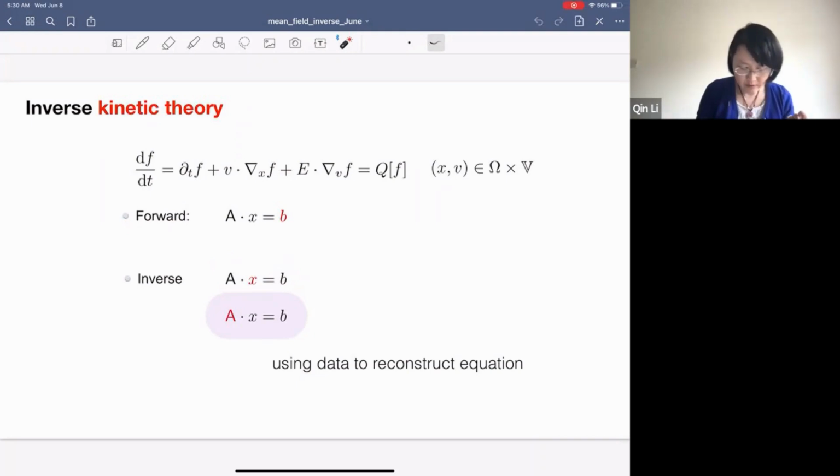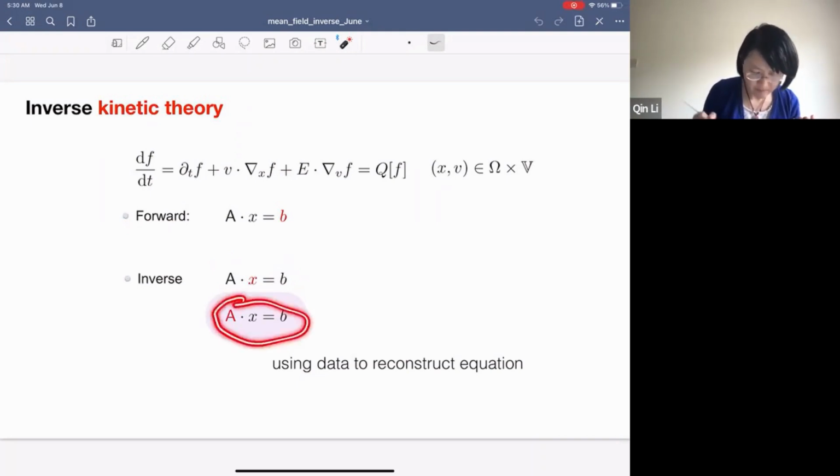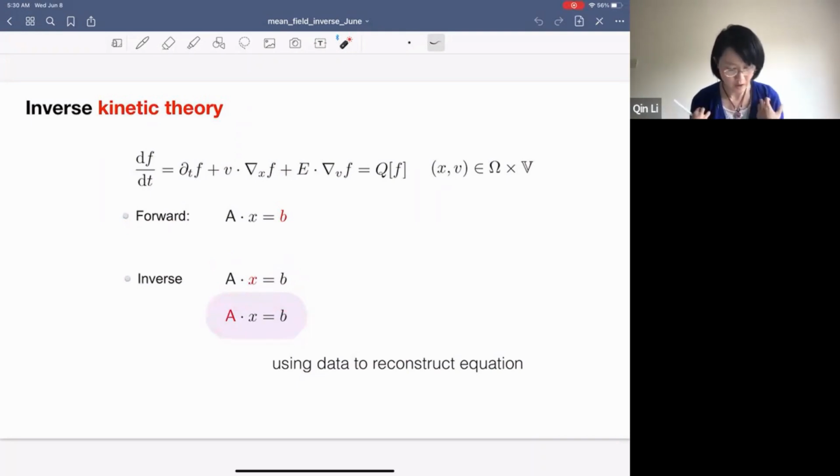Another kind of inverse problem is slightly different. It's the second problem that we are trying to solve today, which is that the matrix is not known. What is known is you give me the input. I can take the measurement of the output. You give me a different input, I would have a different output.